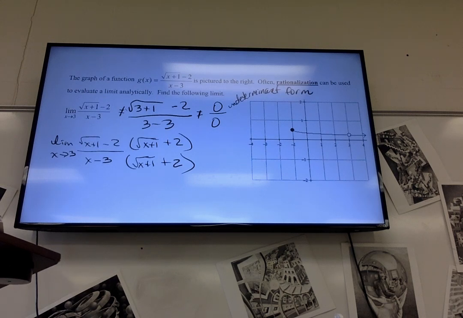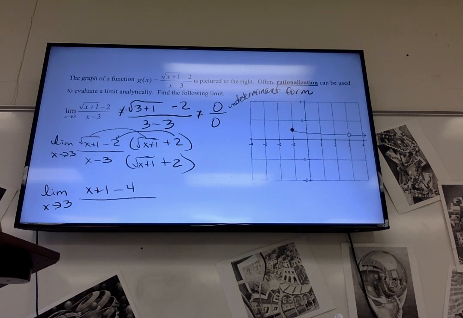So this top one, that's the difference of two squares. So I don't have to worry about the middle term. I just multiply first times first. Square root times square root is just get rid of the square root, right? So it's x plus 1. And then minus 2 times plus 2 is minus 4.